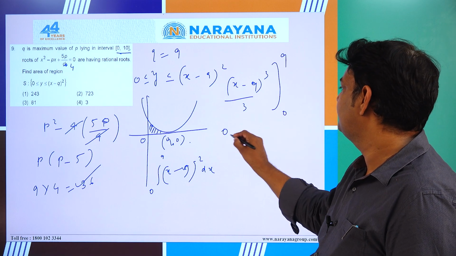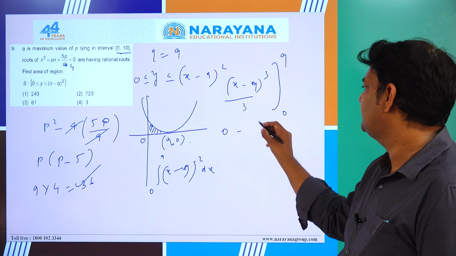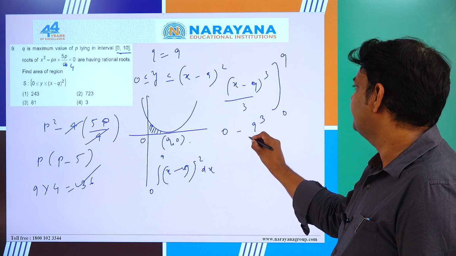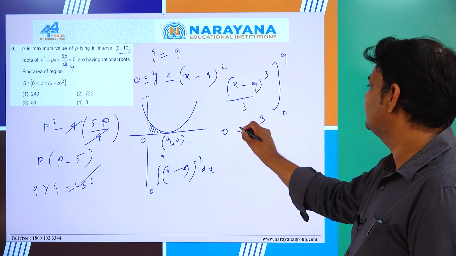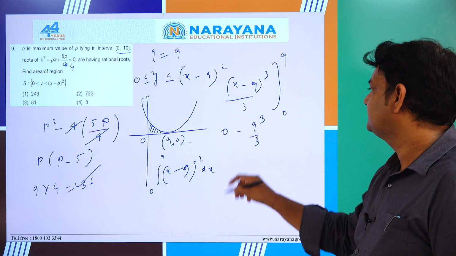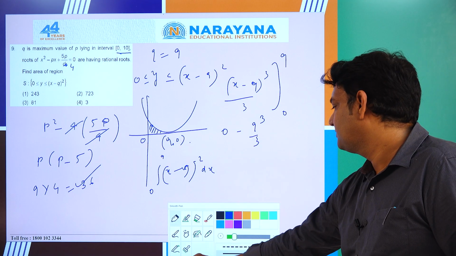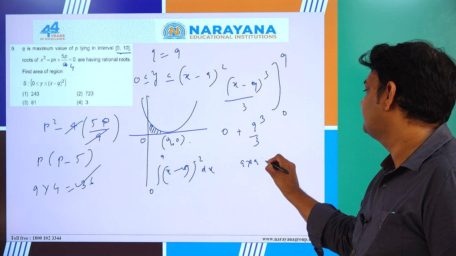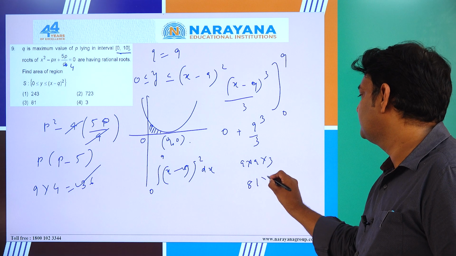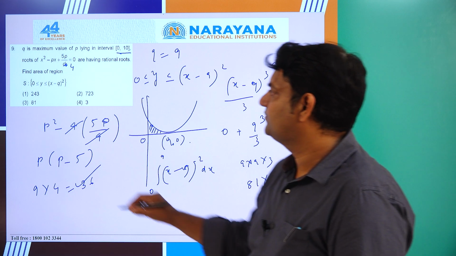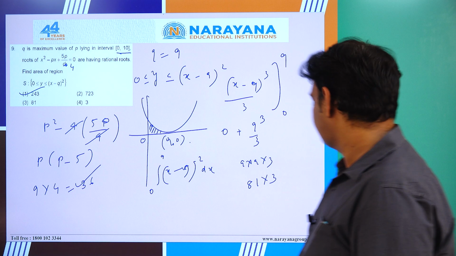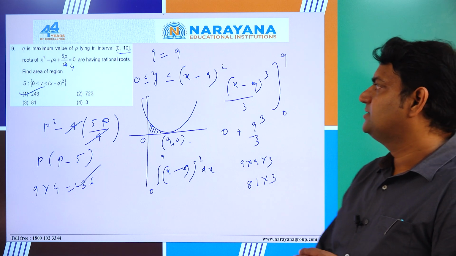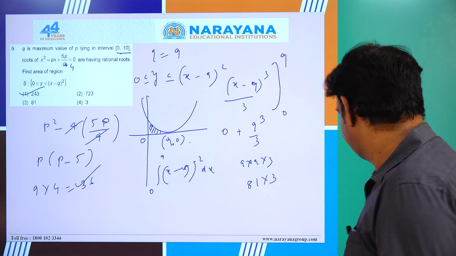Upper limit 0 minus lower limit, minus 9 cube by 3, minus of minus is plus. That is 9 into 9 into 9 by 3, 81 into 3, 243. 243 should be the answer. Simple problem actually, this one. Okay.